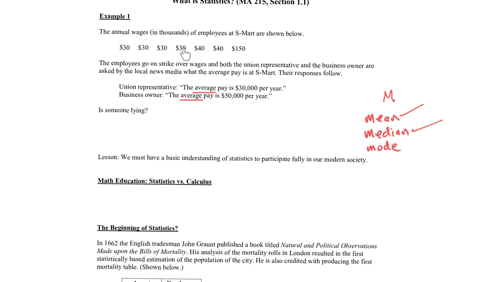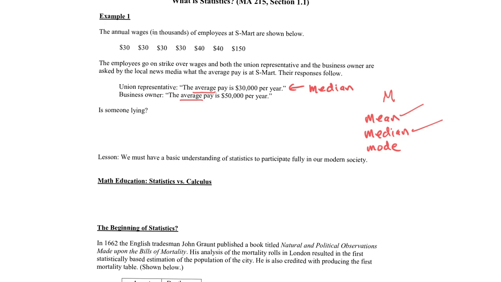The median here is 30,000. So if you say the average pay is 30,000 a year, it's technically true if you use the median. Typically when money is involved, you do use the median, for reasons we'll see later. The median is typically not affected by outliers, where the mean is.